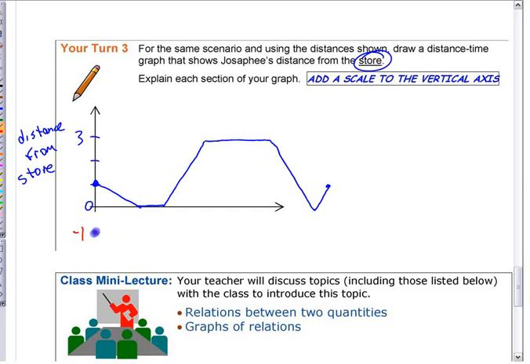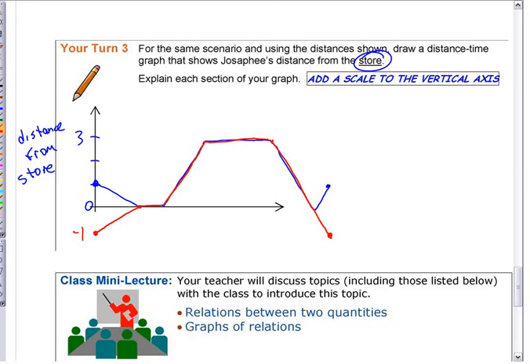So you could start at -1, saying she's 1 kilometer before the store, and then she gets to the store, she stays at the store, she gets even further, she stays there, and then she runs all the way home, and this would be straight down like that. If you wanted to do that, you could. Okay? If you made negative distances, that's fine. So either one of those graphs.